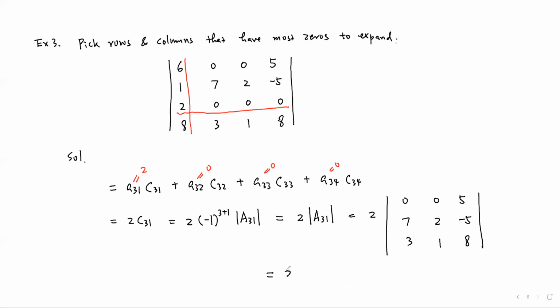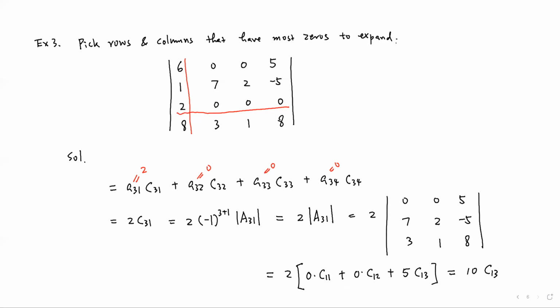So 2 times, okay, A11 0 times C11 plus A12 0 times C12 plus A13 5 C13. So the first term is 0, the second term is 0, and then 2 times the number 5, 10 C13.